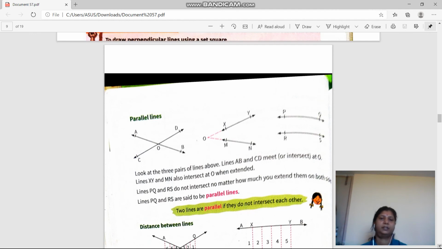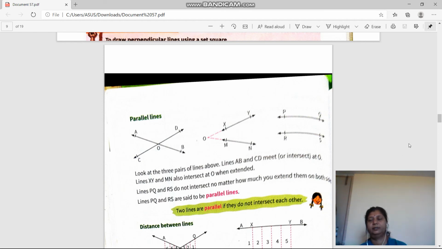Then parallel lines. Two lines are said to be parallel if they do not intersect each other. So see in these three diagrams, which lines are parallel? These lines are parallel because they never intersect each other. These lines are intersecting lines, they intersect at point O. So two lines are parallel if they do not intersect each other.